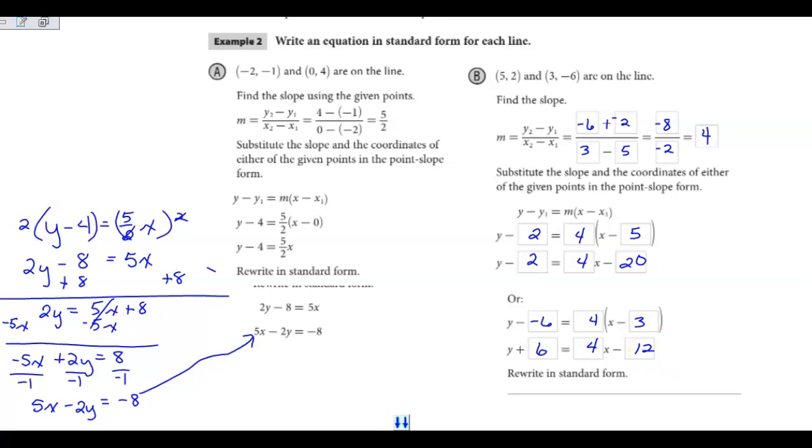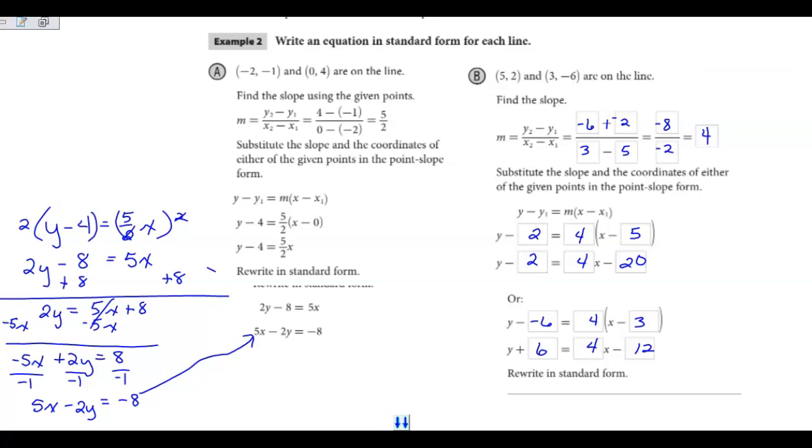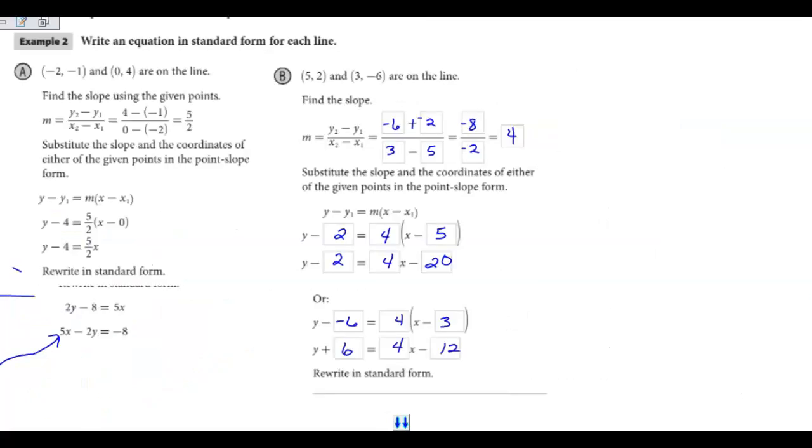So the first thing I want to do is simplify my equation a little bit more so that I can work with it in the ax plus by equals c format. Okay, so I'm going to use this first one. I have y minus 2 equals 4x minus 20. And I like to move my variables to the left and my numbers to the right.